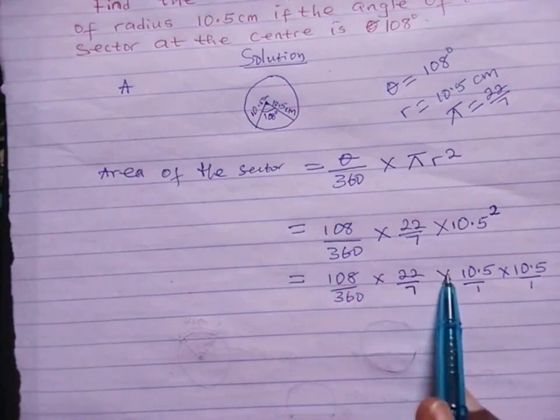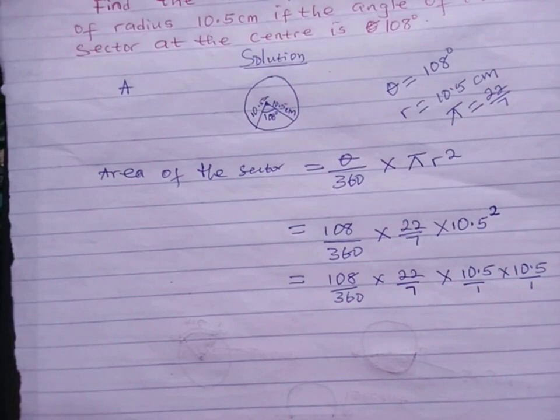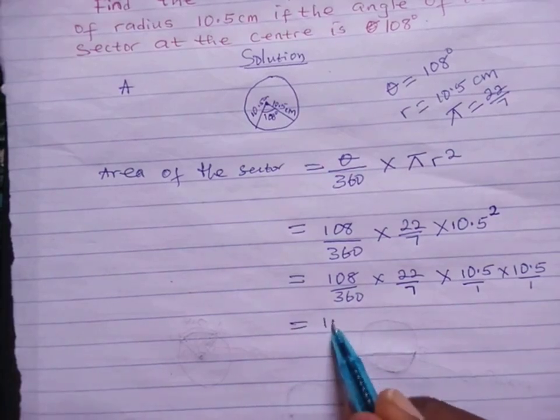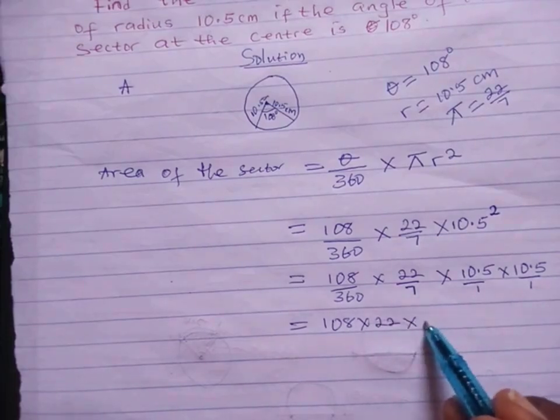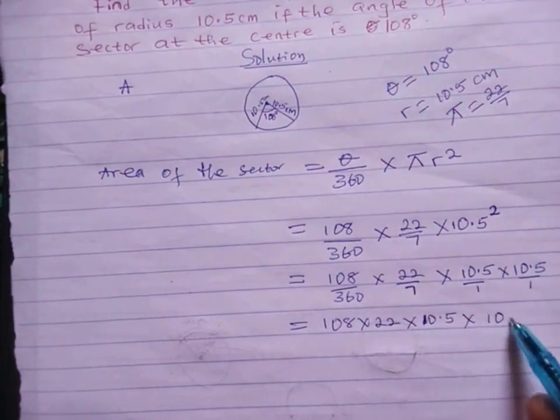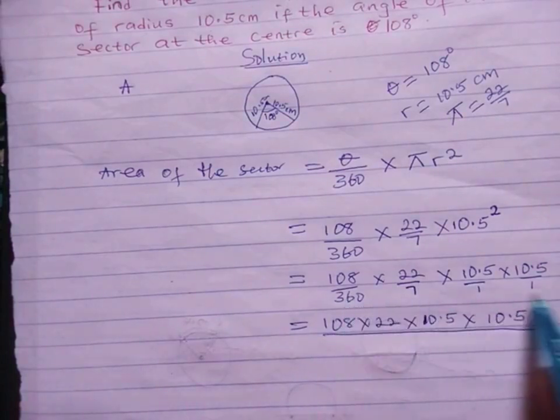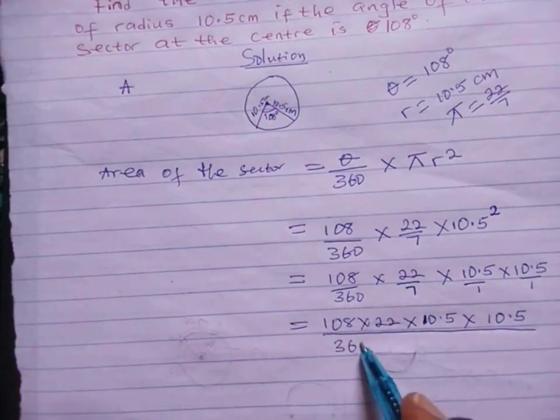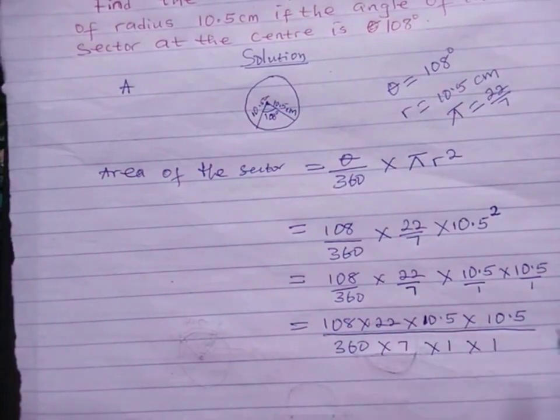When we multiply out the numerators, you can work it out or you can use your calculator to do that. So when you multiply 108 by 22, that's the numerators, times 10.5 times 10.5 again. Everything is divided by the denominators, 360 times 7 times 1 times 1.